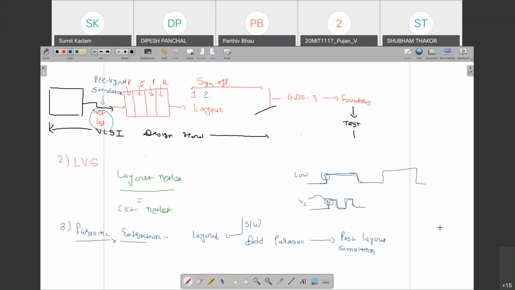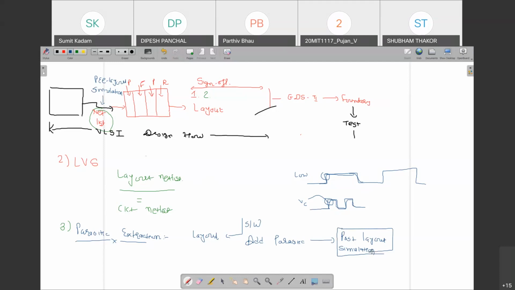We are not including the wire delay. We are not including any device capacitance, which matters at the higher frequency. But once we add the parasitic extraction with the help of the software, we check, yes, this is the actual speed of the design.